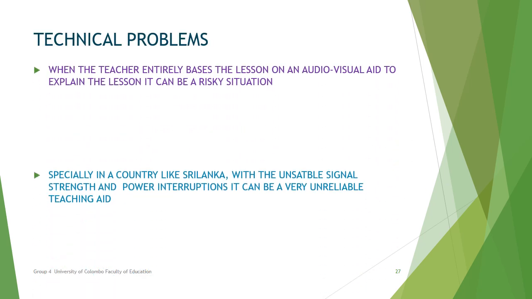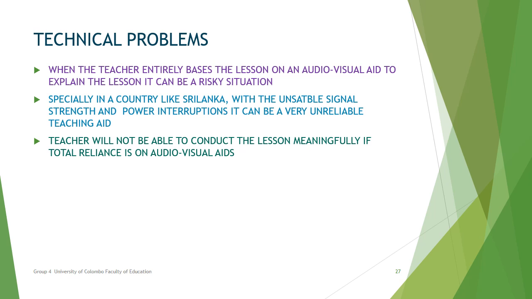Technical problems: when the teacher entirely bases the lesson on an audiovisual aid to explain the lesson, it can be a risky situation, especially in a country like Sri Lanka with unstable signal strength and power interruptions. It can be a very unreliable teaching aid. The teacher will not be able to conduct the lesson meaningfully if total reliance is on audiovisual aids.